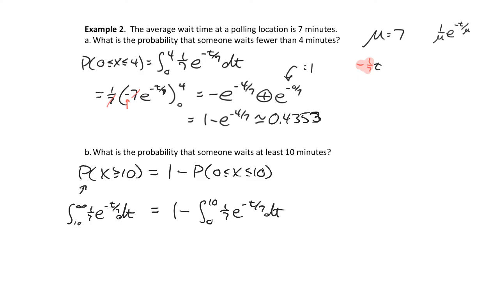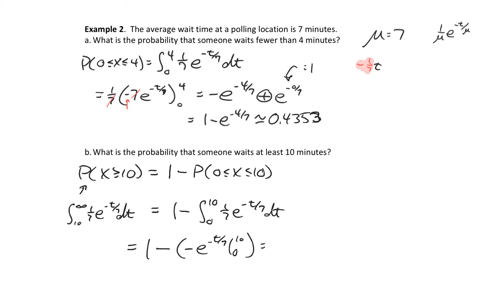Ah, that's much better. It's not an improper integral. So we end up with 1 minus, we've already done the antiderivative. It is negative e to the negative t over 7. We're going to evaluate this from 0 to 10.